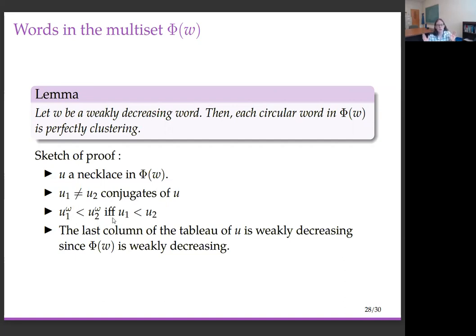But since our words have the same length, since they are both conjugates of U, it only means that U1 is smaller than U2 in the lexicographical order. So if phi of W is weakly decreasing, it means that the last column in the tableau of U is also weakly decreasing, which means that U is also perfectly clustering.